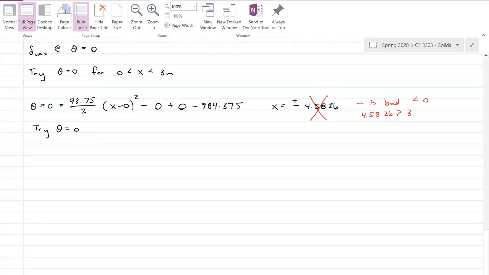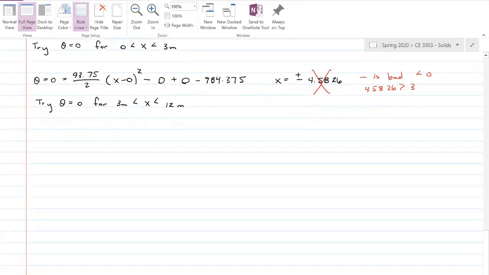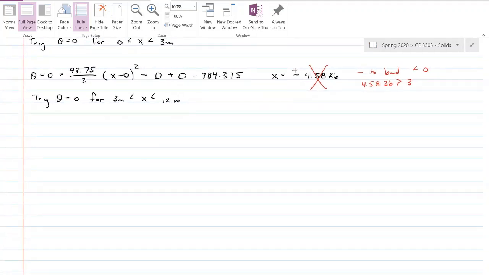So let us try theta equal to 0 for 3 meters less than x less than 12 meters. Okay, let's try it there. So that's going to be theta, which is equal to 0, is equal to 93.75 divided by 2, no, I don't simplify, I'm lazy, x, because it should be greater than 0, squared.